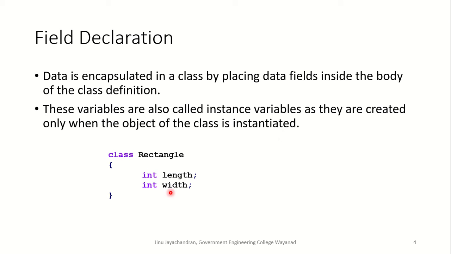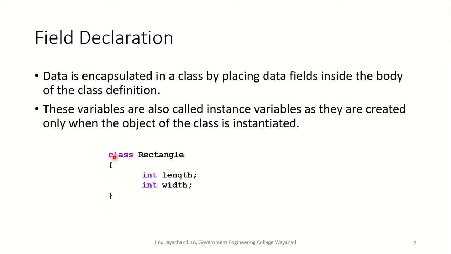When you declare a class without creating an object, it doesn't allocate memory in the RAM. But when you declare an object of this class, then the required amount of memory will be allocated.